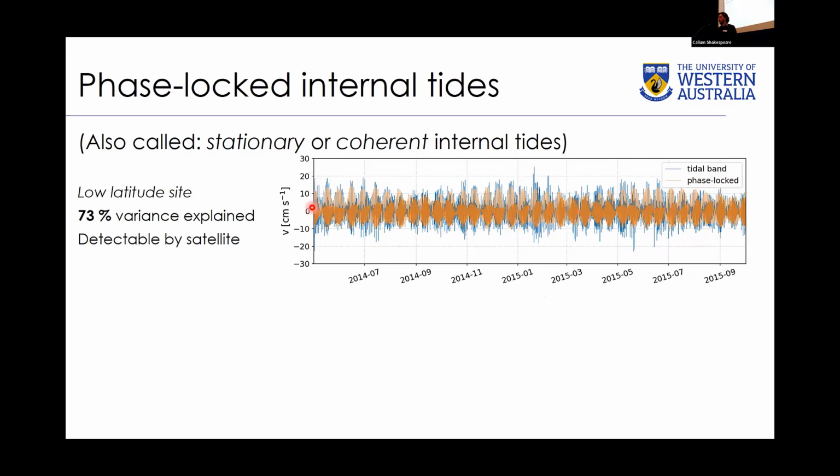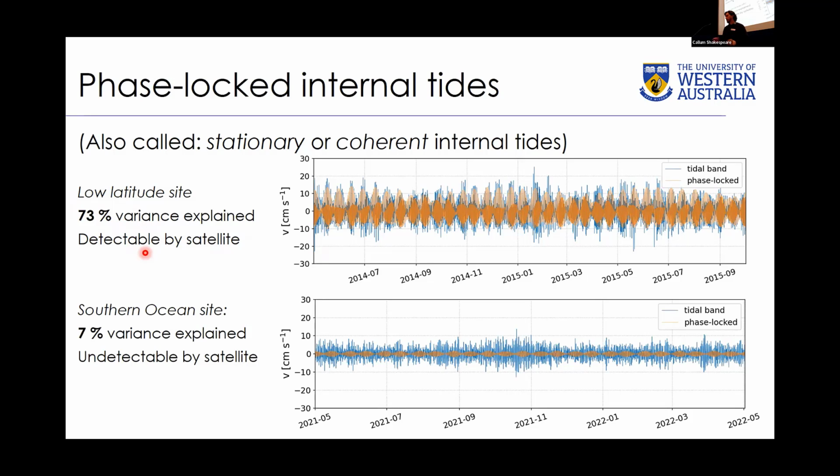So that's the orange. That's all of the signal that can be explained by this harmonic fitting. And so in these low latitude regions, at this site, 73% of the variance is explained. And also of note is that the phase-locked signal is what is actually detectable by satellite.